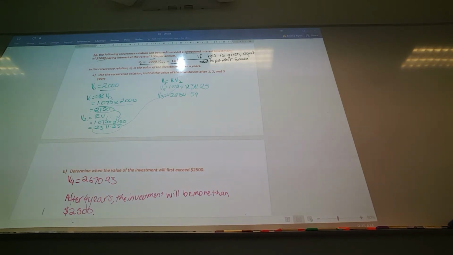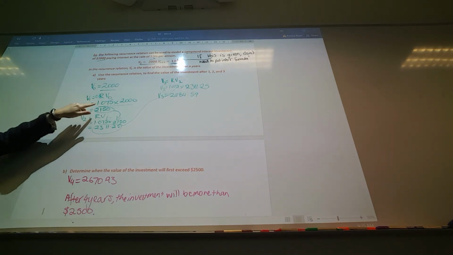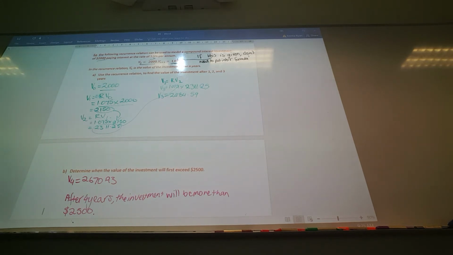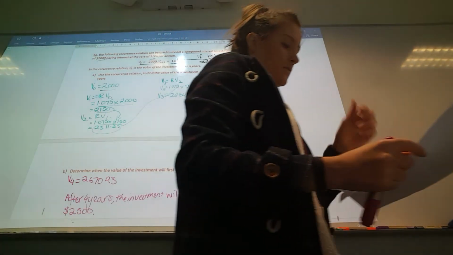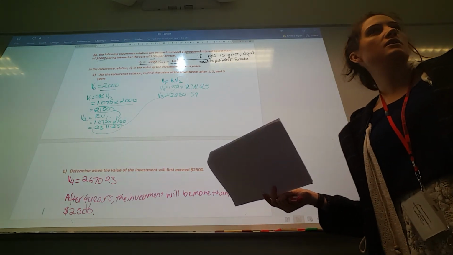So you have to keep doing it by hand, if we're talking about recursion. There's no way to put it in the calculator and press enter. So put your first value in. Remember how we did this on the calculator? Then press enter, then put times this, and just keep pressing that and count how many times you pressed it. And if you record it, it makes it easy too. Any questions? Can I move down?